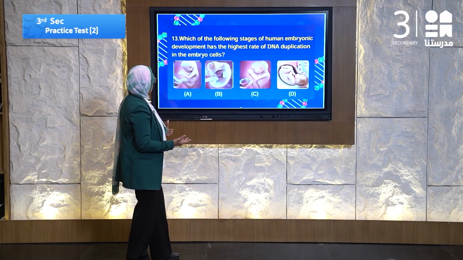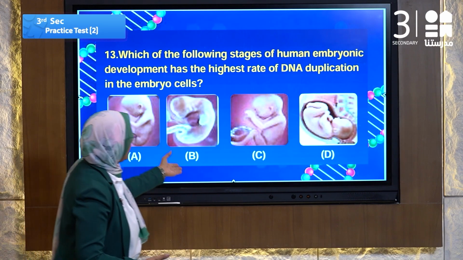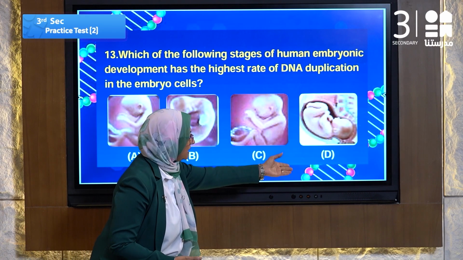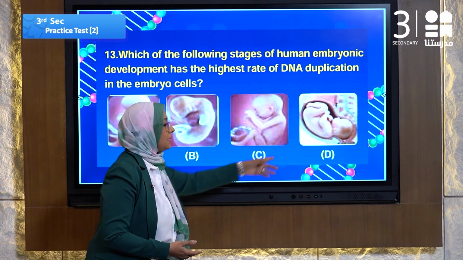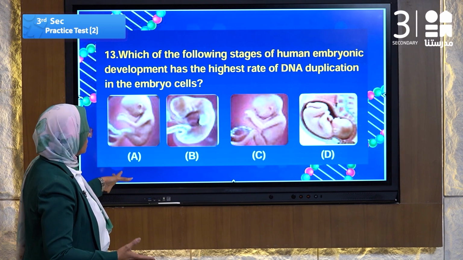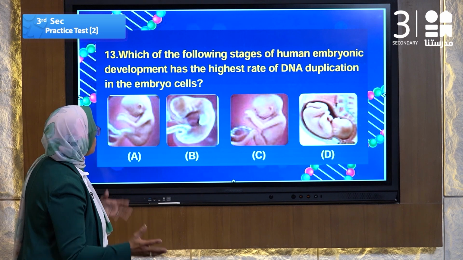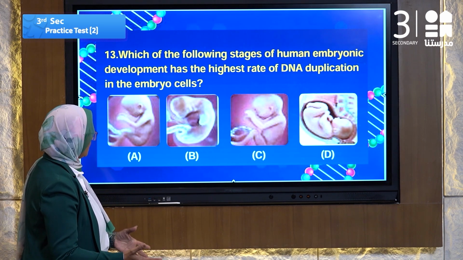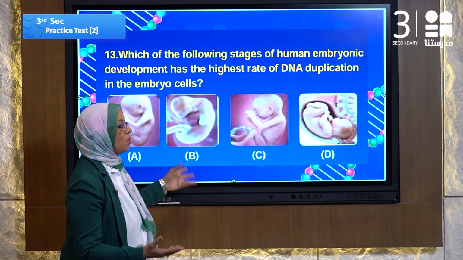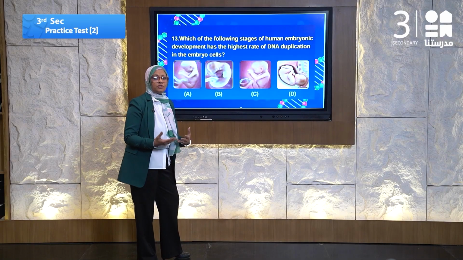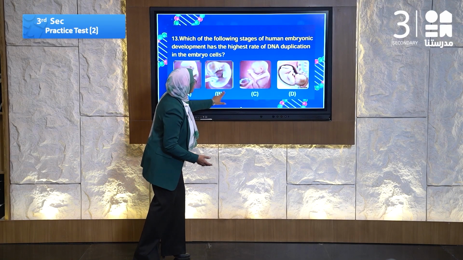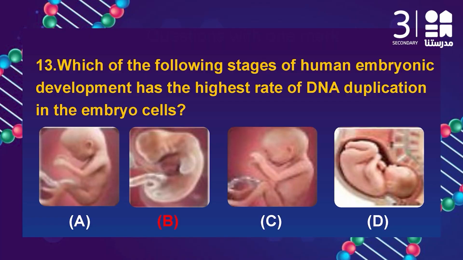A is not a more active division, but B is more active division, more division for more growth. That means B has more DNA duplication to make more growth.